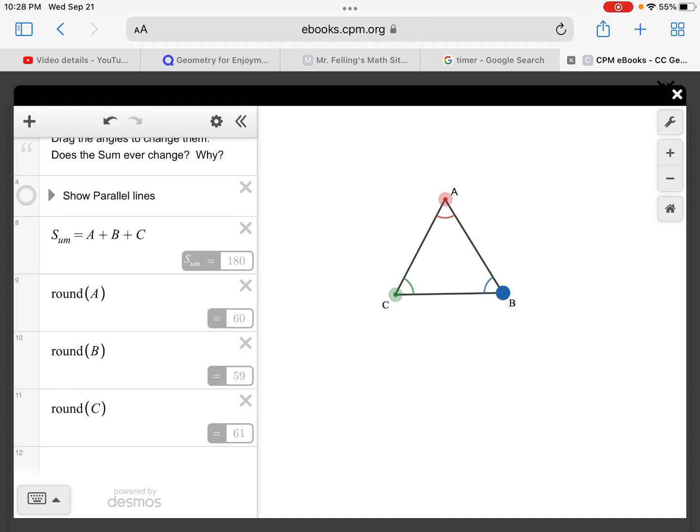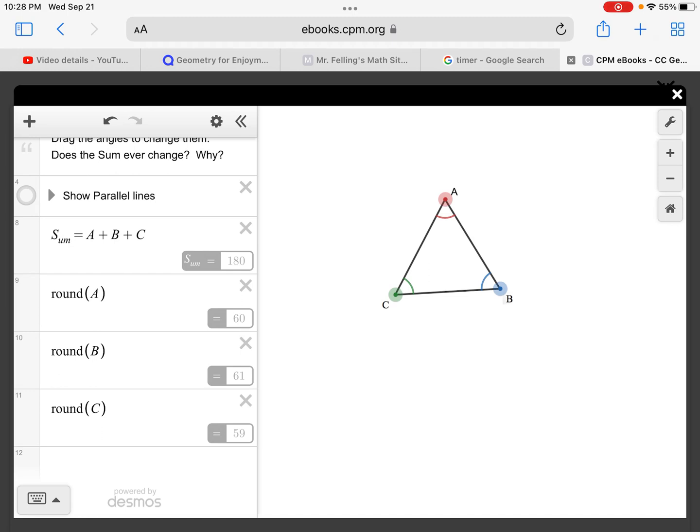the angles will add up the same, though I can't get it to be exactly 60, 60, and 60. This is like addicting now. You guys should go to your ebook and try this. Try to get 60, 60, 60. That's close enough.